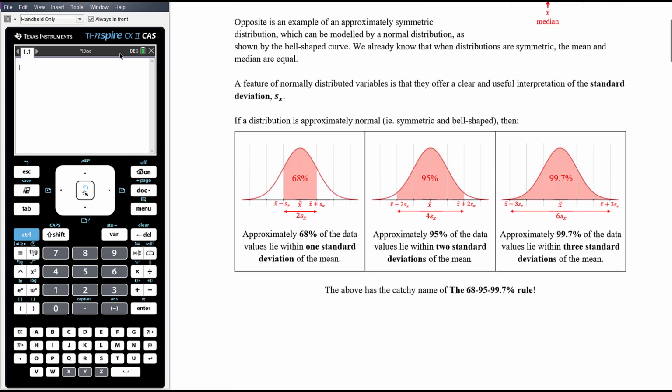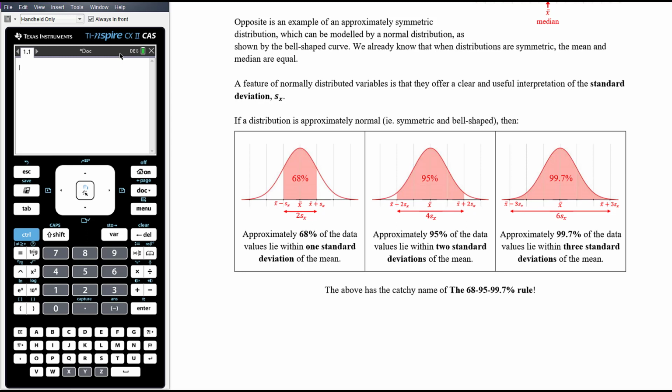So if a distribution is approximately normal, so it approximately follows a bell shape and is approximately symmetric, then we know that approximately 68% of the data values lie within one standard deviation of the mean. We'll go through this in more detail in a minute.